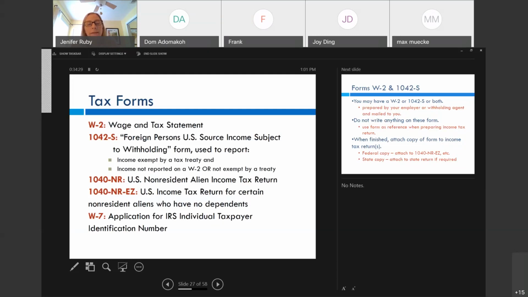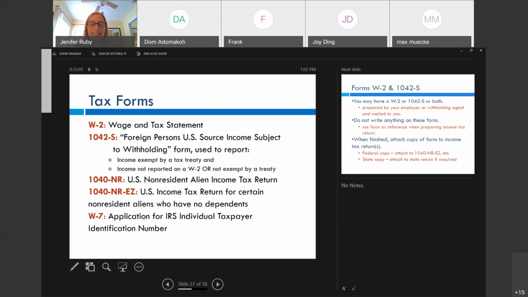If you had taxable scholarship as your only source of income, you wouldn't have been eligible for a Social Security number. However, to file the 1040 NREZ, you need to have a taxpayer identification number. So the government has what's called an ITIN, I-T-I-N, which stands for the Individual Taxpayer Identification Number, and you would have to file for that using the form W-7.